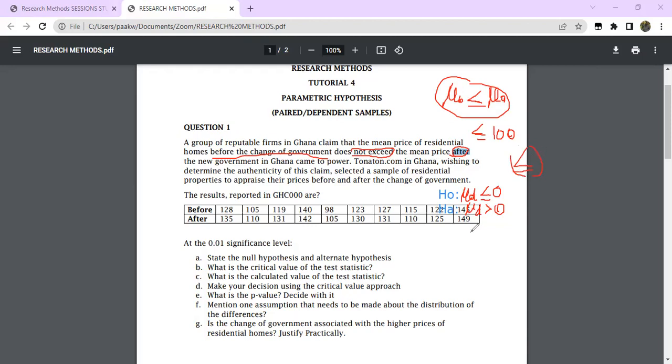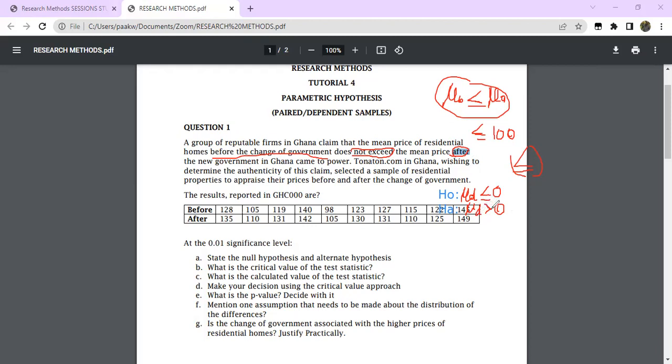So they will just know that H0 is such that mu D. With two samples, the dependent or paired samples, we always start with mu D. So mu D, then he or she knows that this one, does not exceed, is less than or equal to 0. Then HA will always challenge what? The H0.